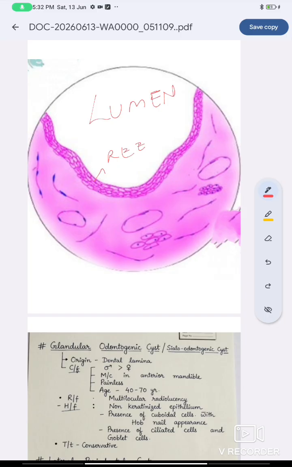However, this is not extensively stratified, so it is better to call it reduced enamel epithelium-like lining epithelium, which is 2 to 4 layers thick. These are the daughter cysts, or you can say islands of odontogenic epithelium. These are the capillaries. These are the collagen fibrils and fibroblasts. This is the connective tissue stroma.